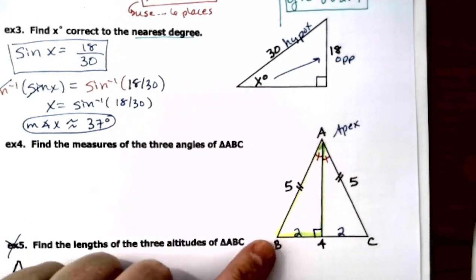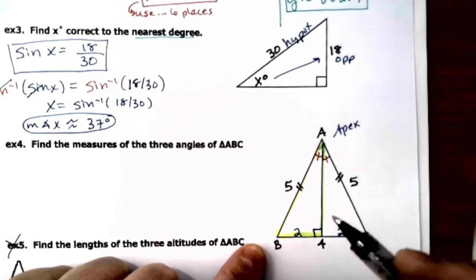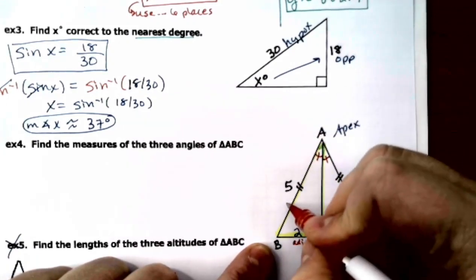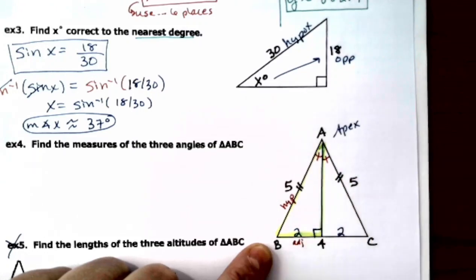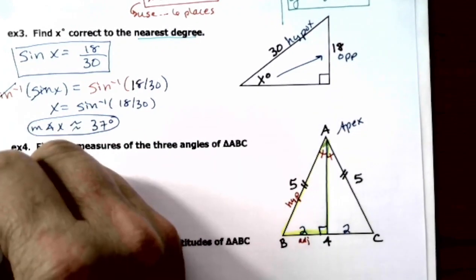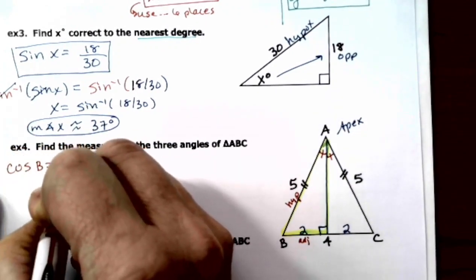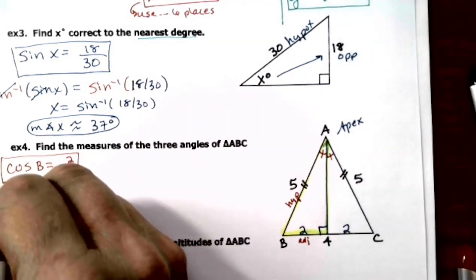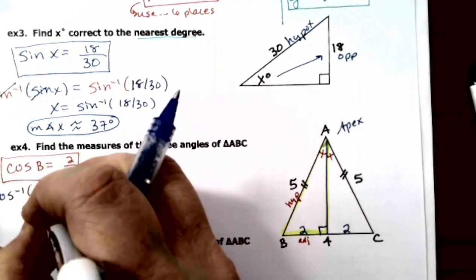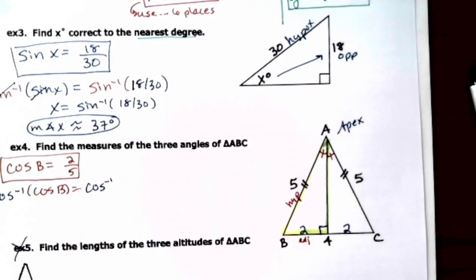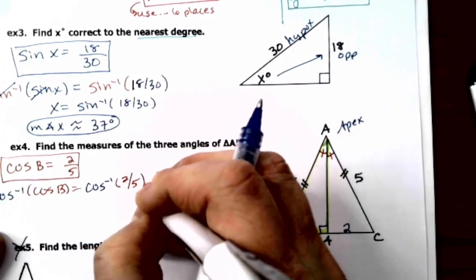All right, so let's start with angle B. I have 2, which is adjacent, and I have 5, which is the hypotenuse. SOHCAHTOA, adjacent and hypotenuse is cosine. So I'm going to do cosine of b equals 2 over 5. That's my beginning equation. Then we're going to arc cosine of b, which means on the right we're going to arc cosine 2/5.